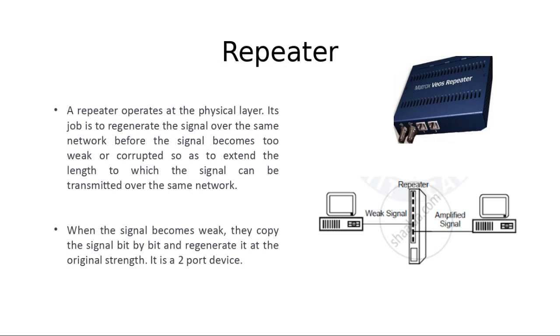When a signal is traveling a certain distance, the signal might become weak for any reason, be it loss of signal or attenuation. So what do we do at certain distances? We place repeaters so that the signal is regenerated and does not become weak.